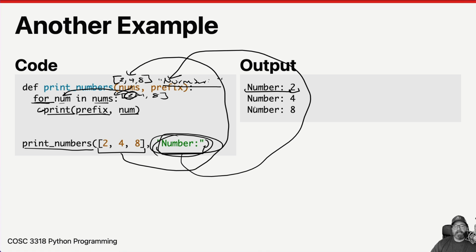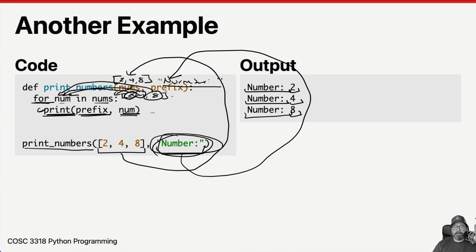And then, just like we've seen before, like in the review, the next time it loops, it'll take the number 4 and put it inside num. And then it prints the prefix, number, and then the next value that's in num, 4. And then it comes back up here, and it's like, here's that next value, 8. We'll assign that to num. And then it prints out the prefix, number, and then the num, 8.